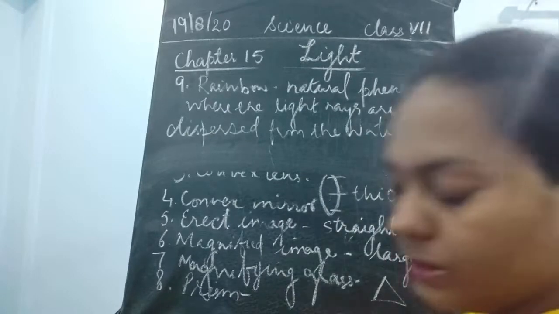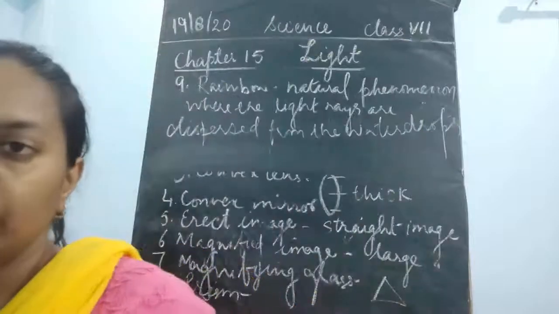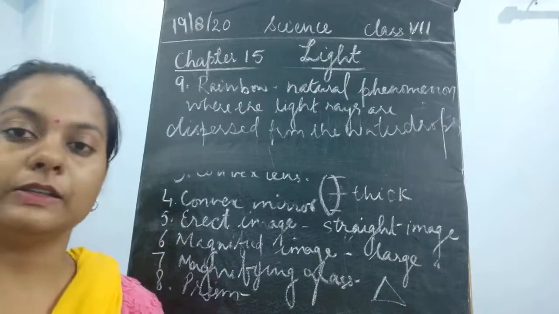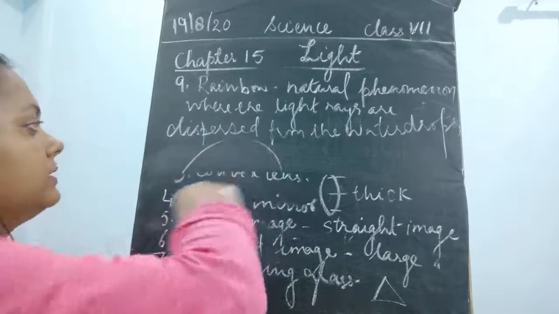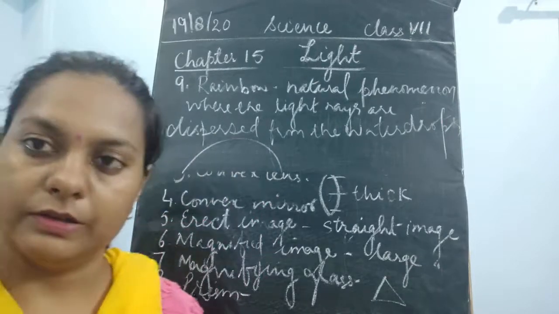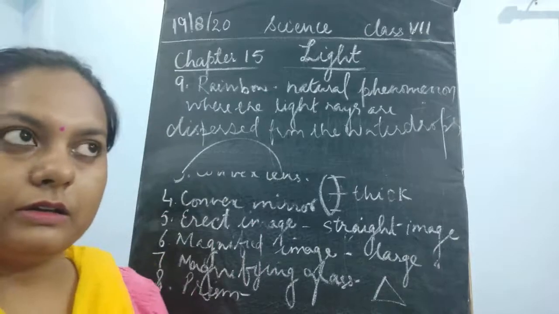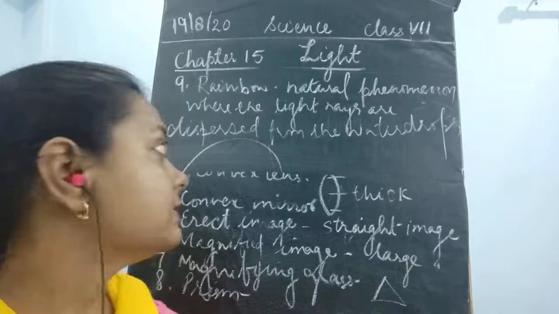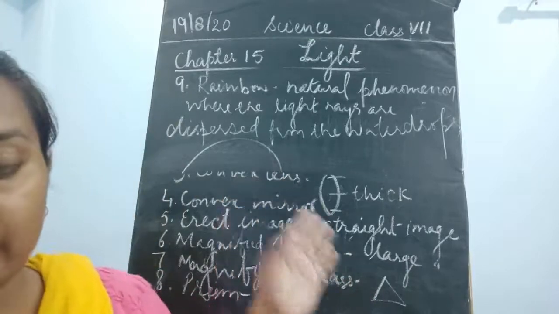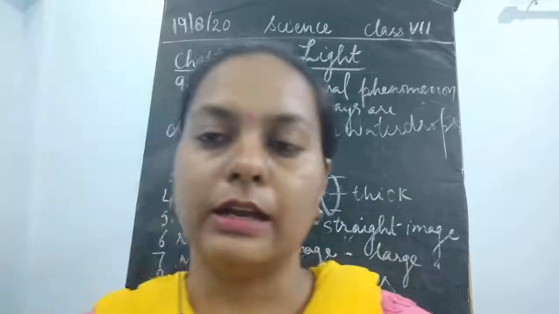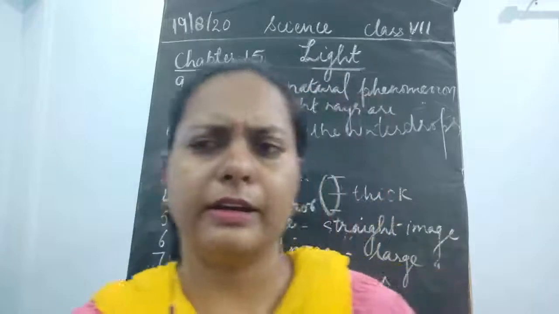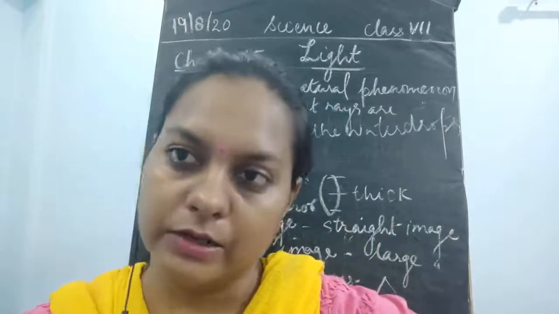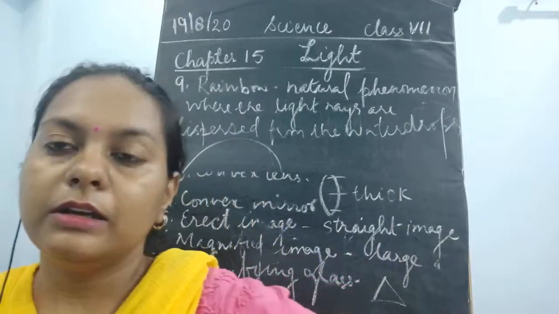When the light falls on them, when there is a rainy season, we can see this rainbow very easily, in the form of an arc present in the sky with the 7 colors. So after the rain we can see this natural phenomenon where the light rays are getting dispersed, not refracted. It is actually the dispersion phenomenon into 7 colors. Okay, so this is about the rainbow.